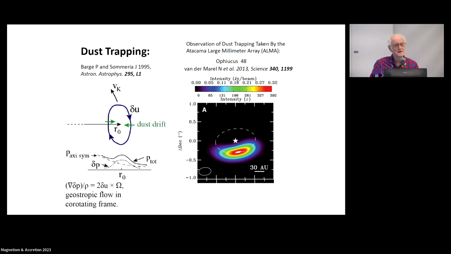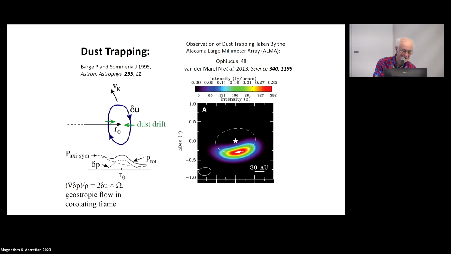And as a result, the dust on the outside tends to drift into the center of the vortex, and the opposite arguments apply on the inner side of the vortex, and the dust tends to drift to the center of the vortex.